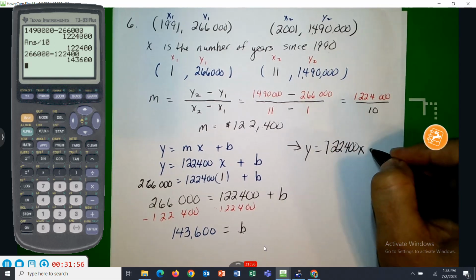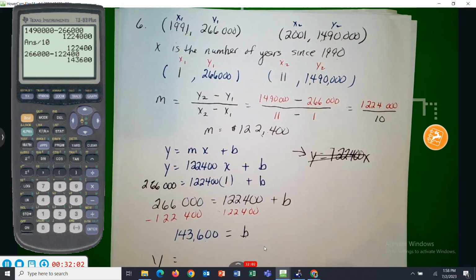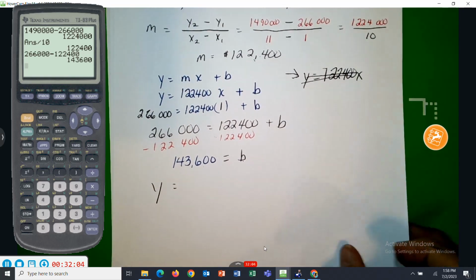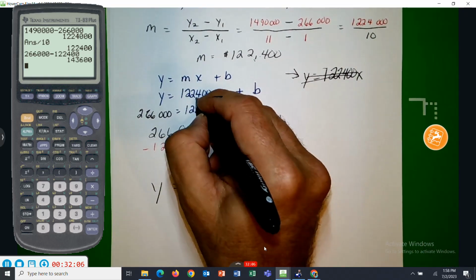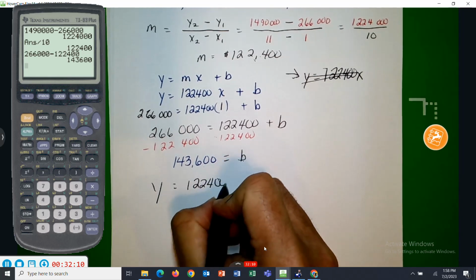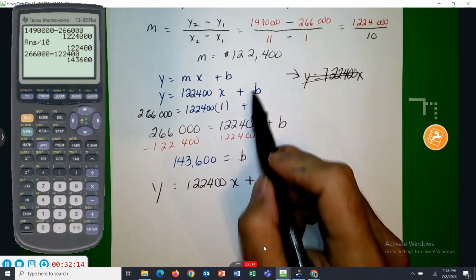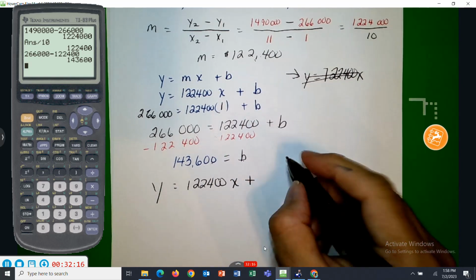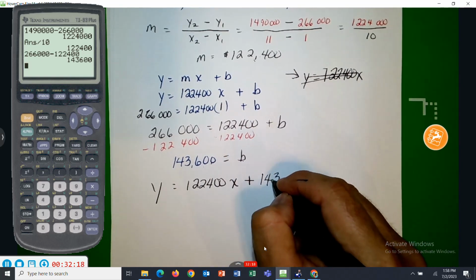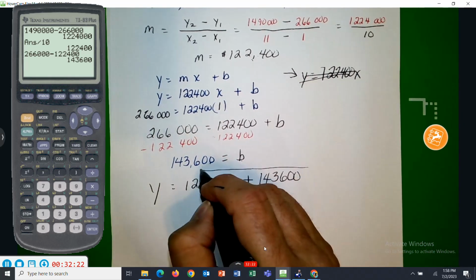So 122,400x. Oh, I'm running out of room. I'll write it right here. Y equals, in place of the m, we put 122,400x plus, in place of the b, 143,600.